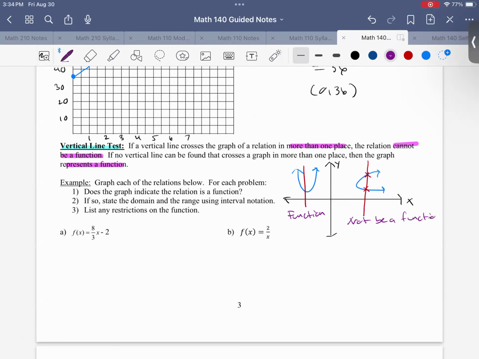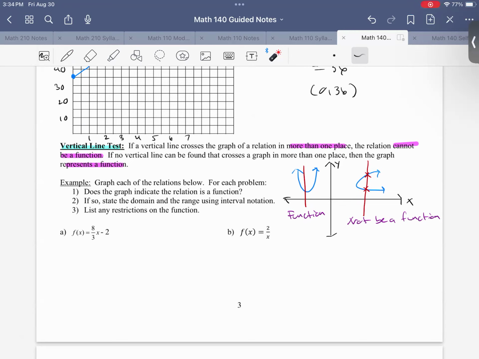This goes along with inputs and outputs, because it means that this specific X value gives you more than one output, which defies the meaning of a function. But this is just a graphical way to interpret it. Okay, so let's get into more graphing.